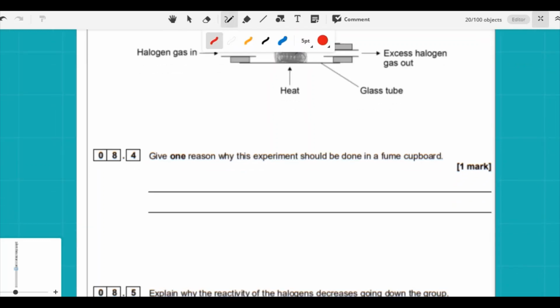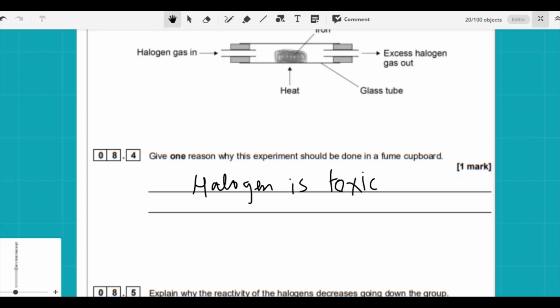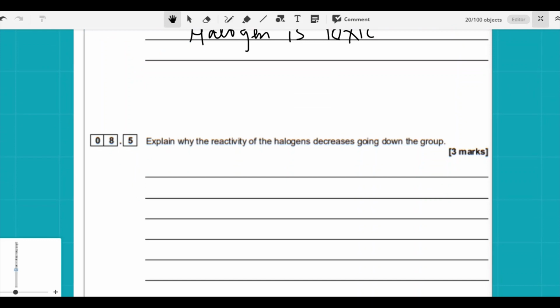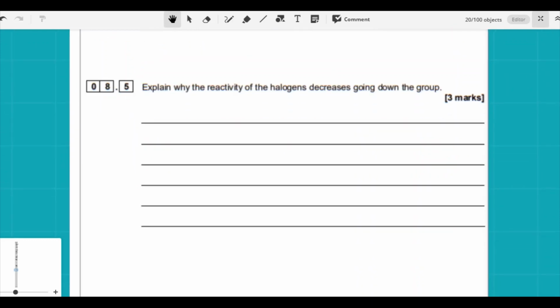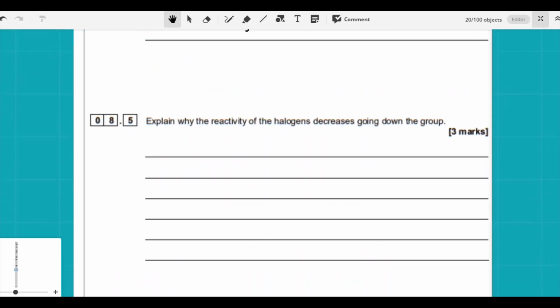Because it is a 1 mark question, you can write only because the halogen is toxic. Okay, because the halogens are poisonous, harmful, to prevent inhalation of the gas. So halogens are enclosed in a fume cupboard.